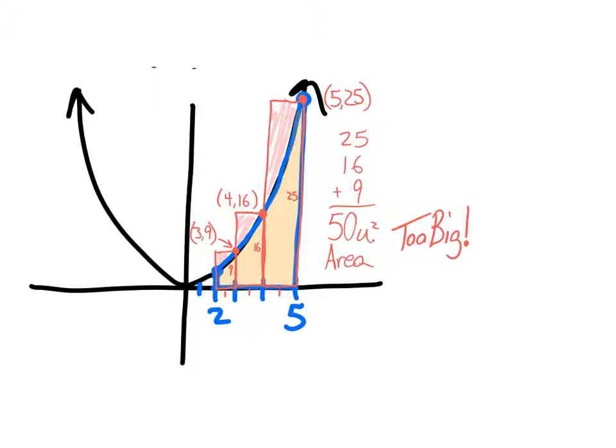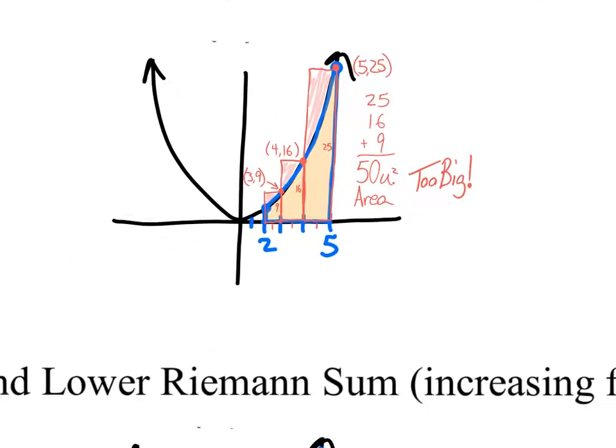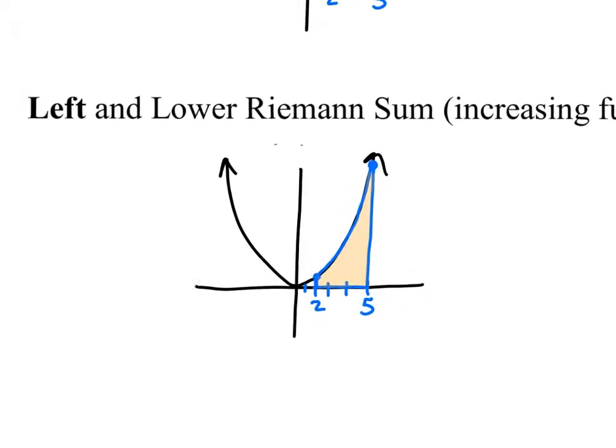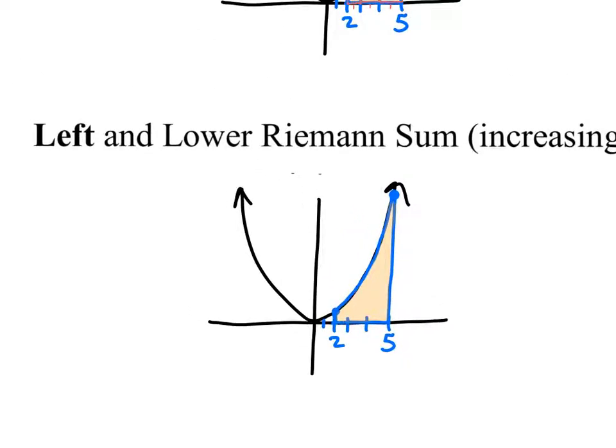Now, let's try it if I did it the other way. This is called the left or lower Riemann sum. Let's say I divided it up into 3 parts again, but this time, for the height of the rectangle, I made it where the left side of the rectangle hit the function. So in this case, that's going to be one of my rectangles.